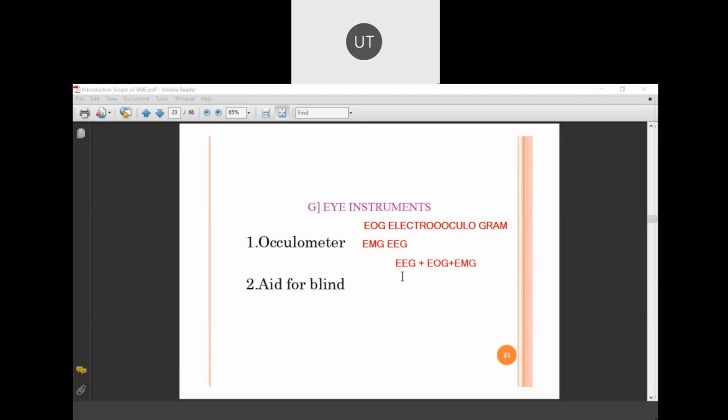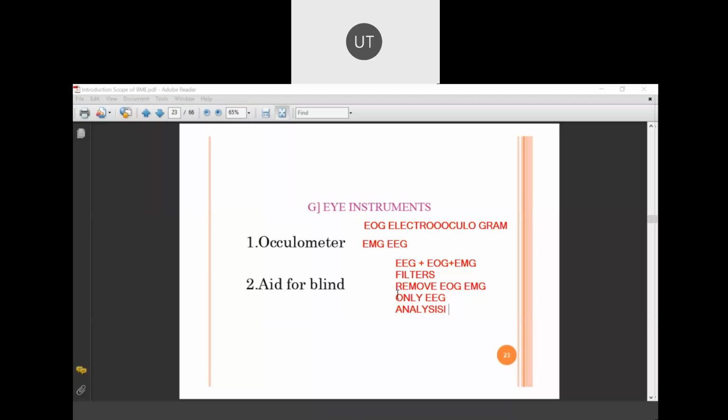So you need to use different filters, and by using those filters you can remove the EOG and EMG so that you get only EEG, and then you can do the analysis. Otherwise, whatever analysis you do will go wrong.